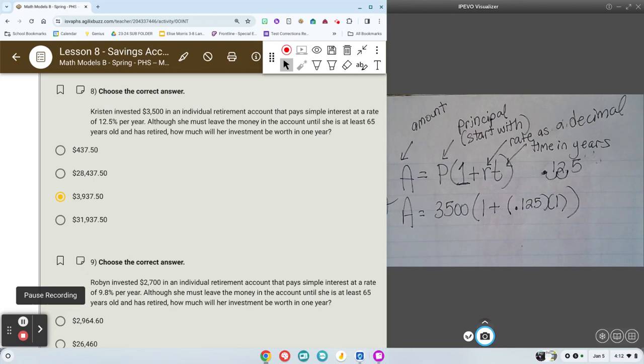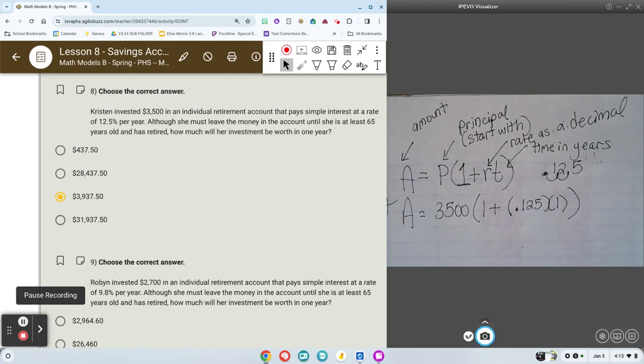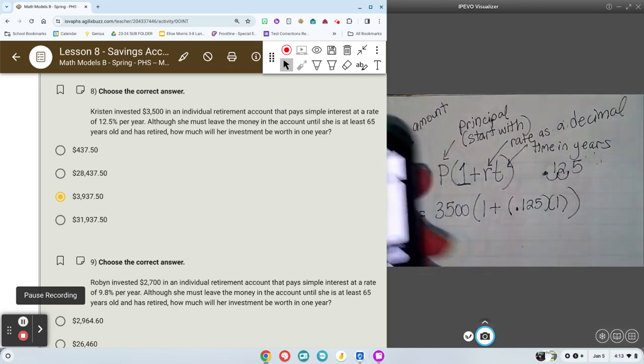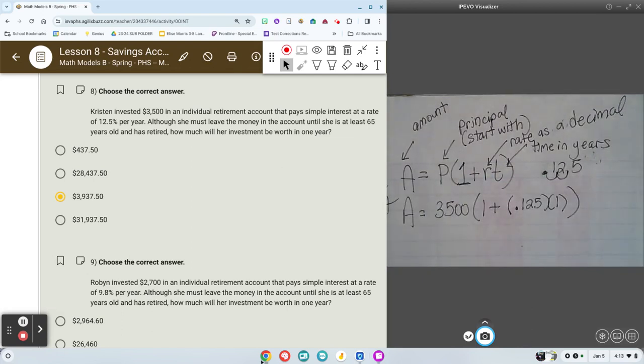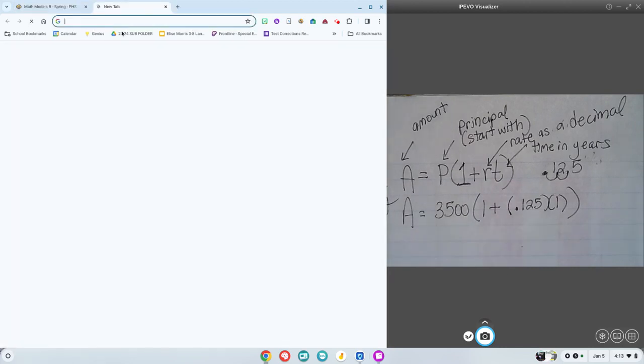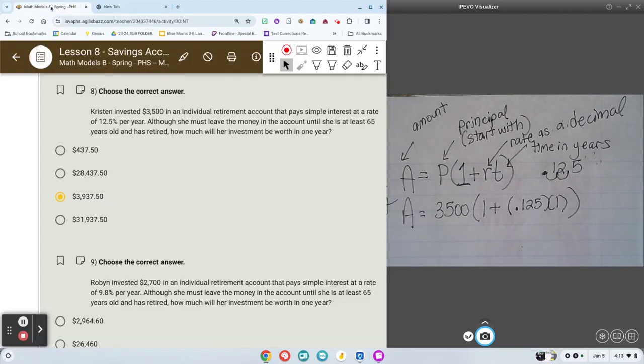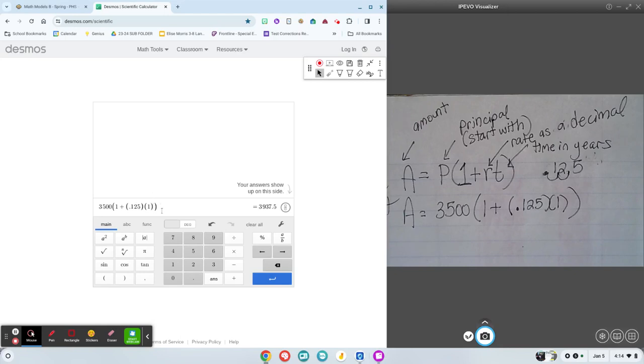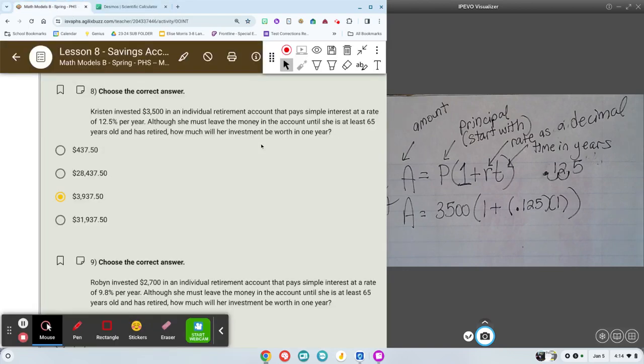Okay, so once you have this, we're just going to plug it in any calculator. I'll show you in Desmos, using parentheses in your calculator as well. And so you can see the value of A is $3,937.50.